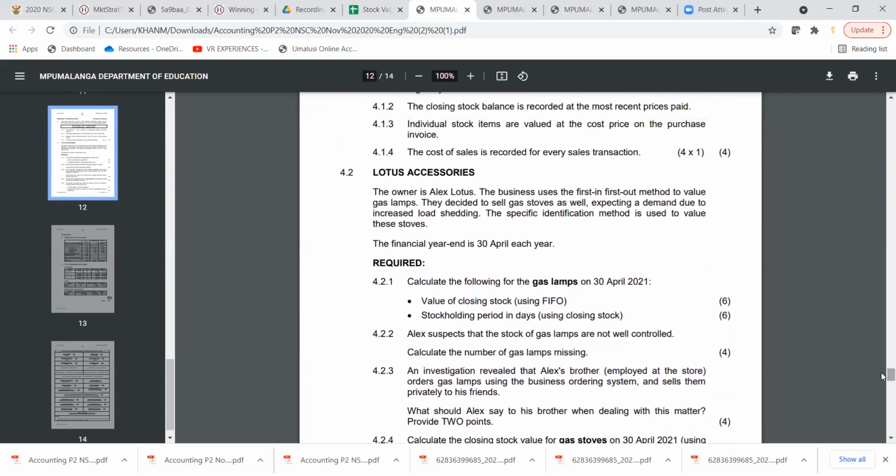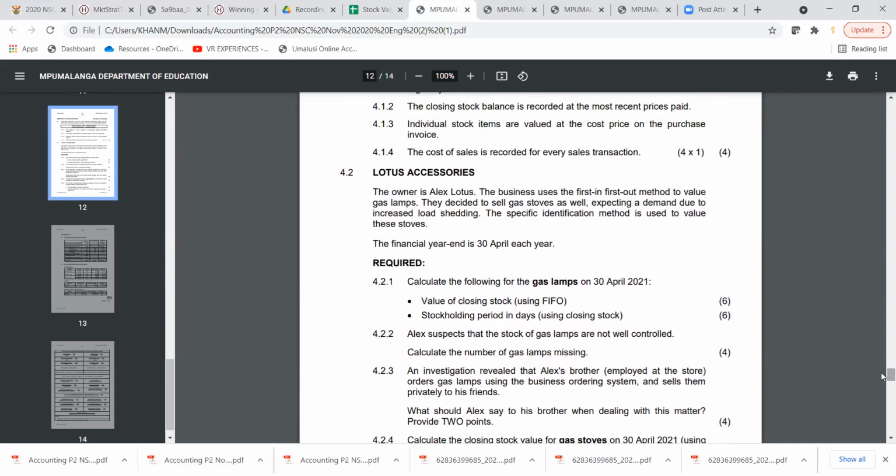Okay, so what's important in terms of the numbers? When it comes to stock valuation, it's very important to know the cost of sales formula. Cost of sales equals opening inventory plus purchases minus returns minus closing inventory. You can use that to calculate any number, whether it's cost of sales, opening inventory, purchases, returns, or closing inventory.